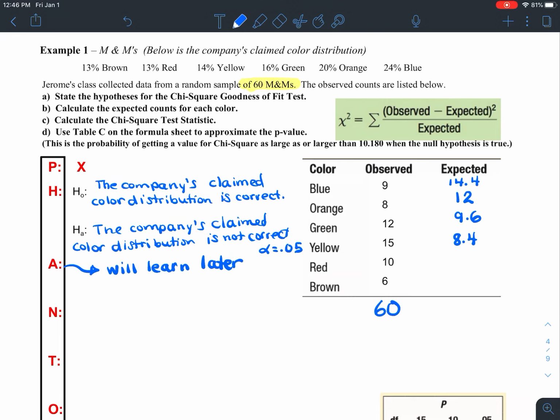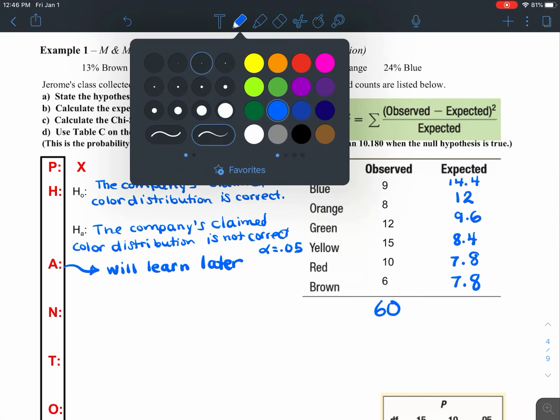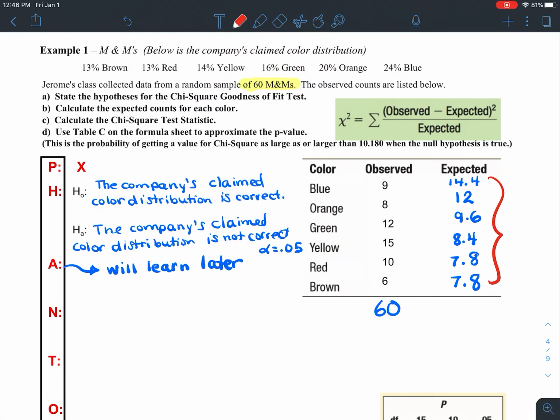Yellow is 14%. 14% of 60 is 8.4. And both red and brown it says are 13%. 13% of 60 is 7.8. Please make a note to yourself that you do not round expected counts. Do not round those.